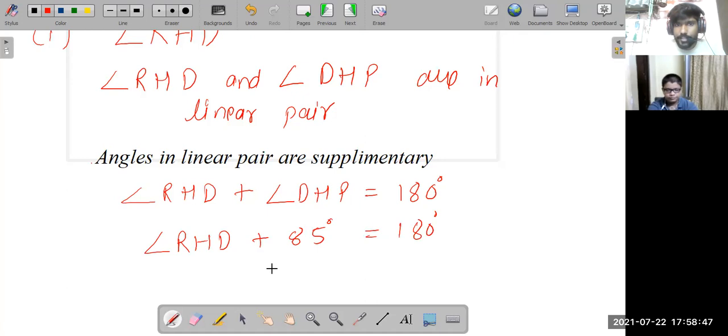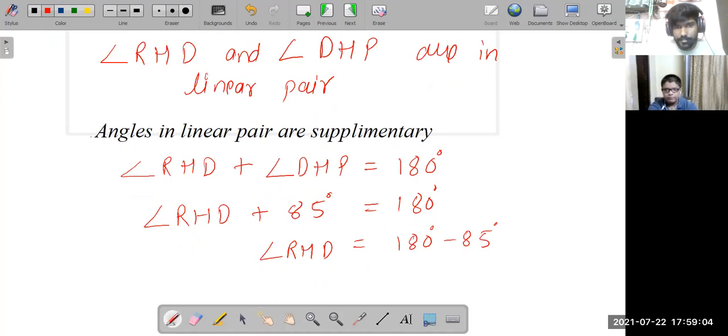Now plus 85 goes to the other side and becomes minus. So you'll have RHD is equal to 180 degrees minus 85 degrees. How much is this? 95. Correct. So angle RHD is equal to 95 degrees.